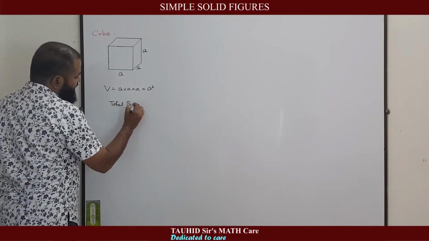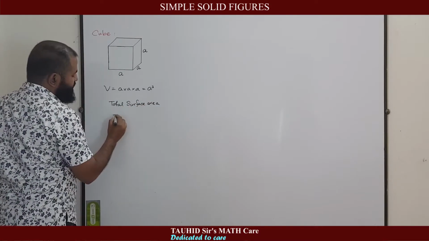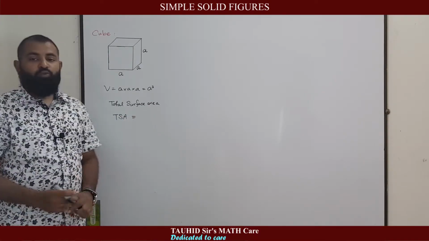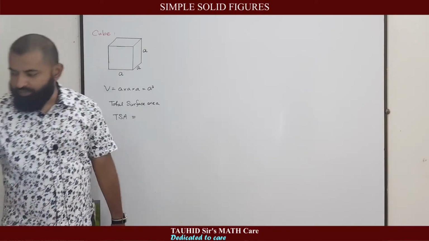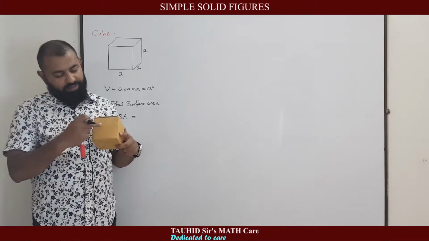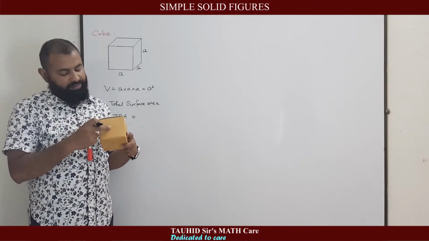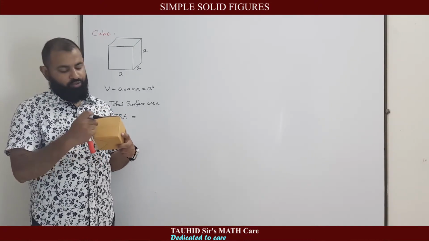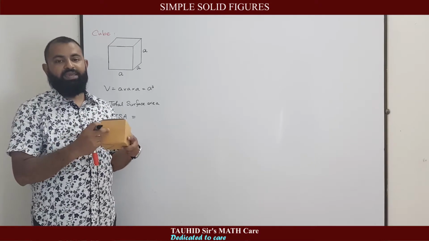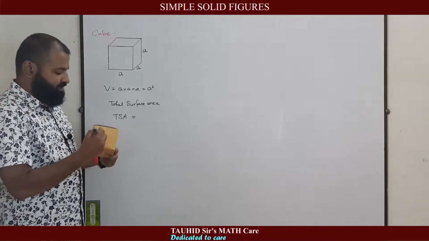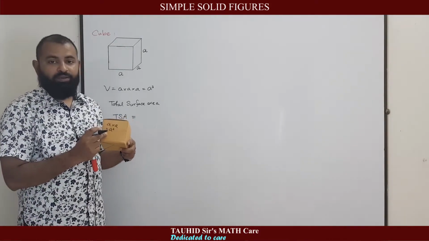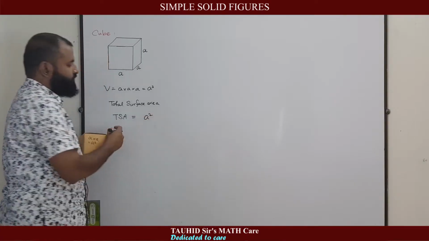Total surface area, or in short TSA. If we think of only one surface, for example, this surface has a length of A and a width of A. So the area of this surface is A into A, that means A square.